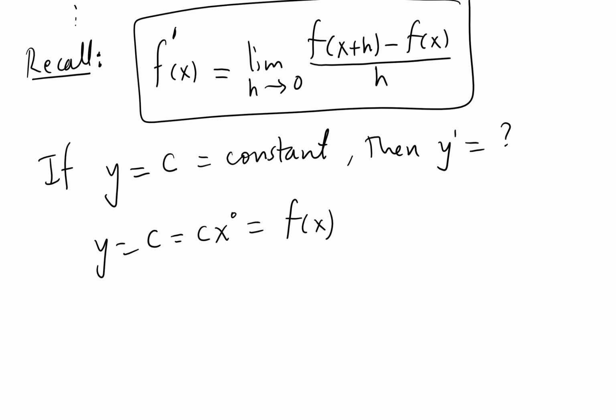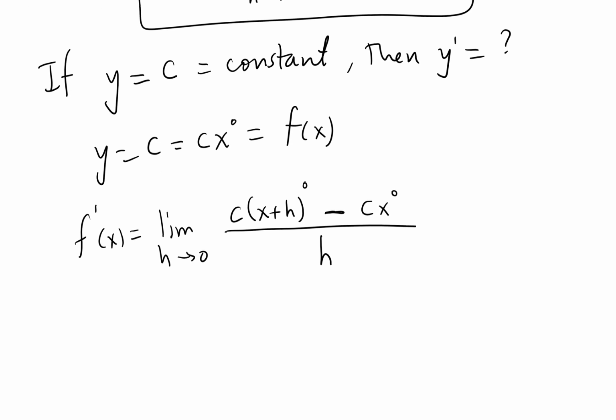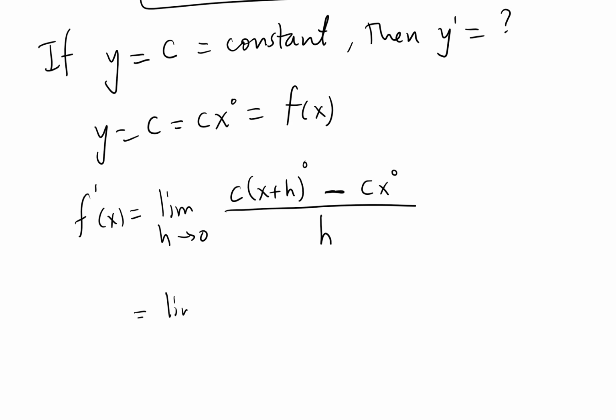So what I'm going to do is find the derivative for this function, f prime of x, using what I just wrote up there: limit as h goes to 0 of f of x plus h, so you replace the x with x plus h, to the 0, minus the function itself, c x to the 0, all over h. This equals limit as h goes to 0. Here, x plus h to the 0, assuming that's not 0, gives us 1.